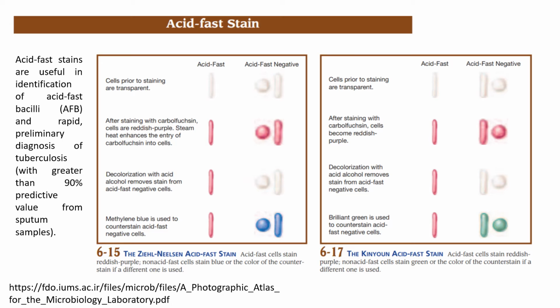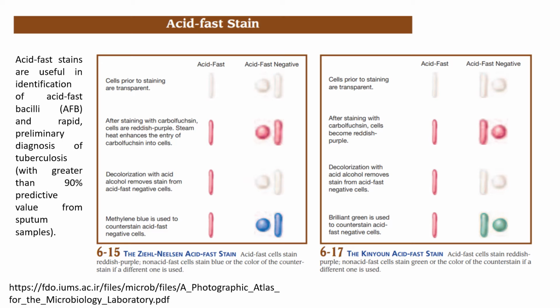That's why the alcohol cannot enter the cell. Okay, so the presence of mycolic acid in the cell wall of acid-fast organisms is, of course, the cytological basis for this kind of differential staining.